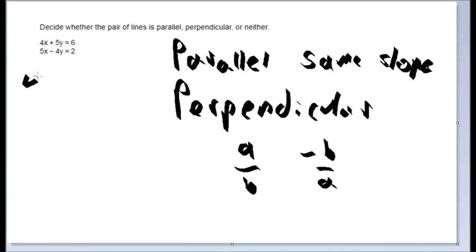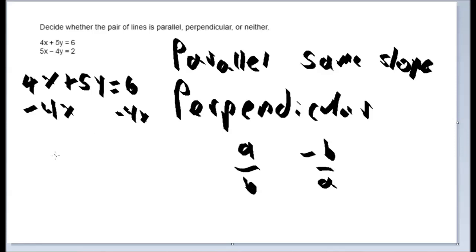For the first equation, 4x plus 5y is equal to 6, I'm going to solve it by subtracting 4x from both sides. I'm going to write this as 5y is equal to negative 4x plus 6, and then divide everything by 5.